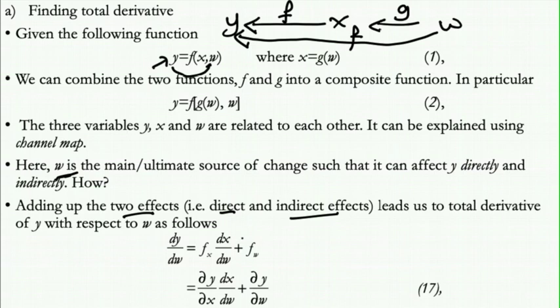So this is how we do total derivative. dy over dw equals fx dx over dw plus fw, where fx here is actually this, fw here is actually this. Now, if you are very good in mathematics, you can easily find the total derivative from the generic function straight, and you go straight to this answer.